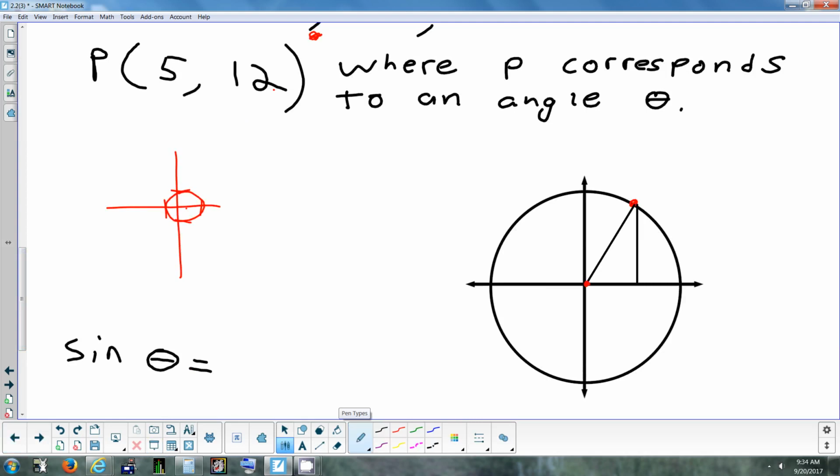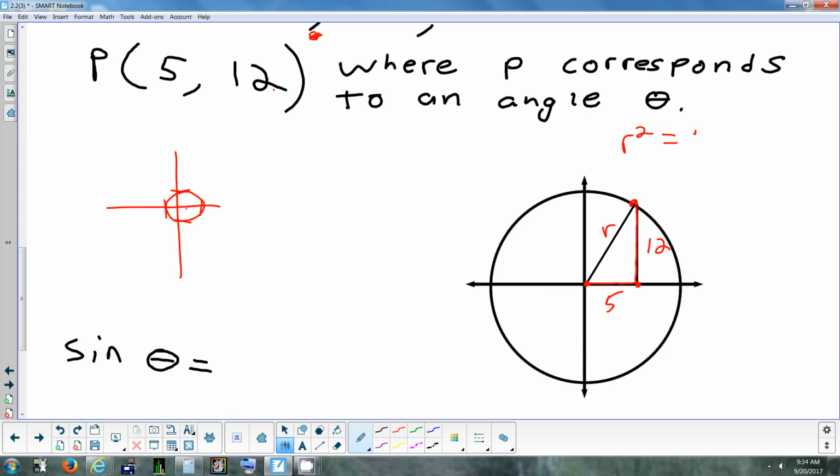How long is the bottom side from here to here? 5. And what about the height from there to there? 12. And that's the radius. So how could you figure out the radius of that circle? Yeah, we just do the Pythagorean theorem.